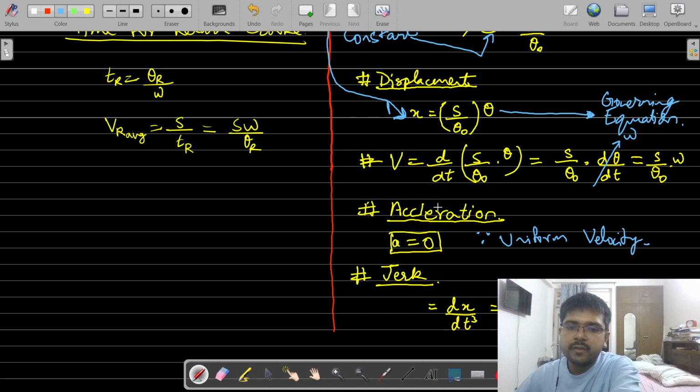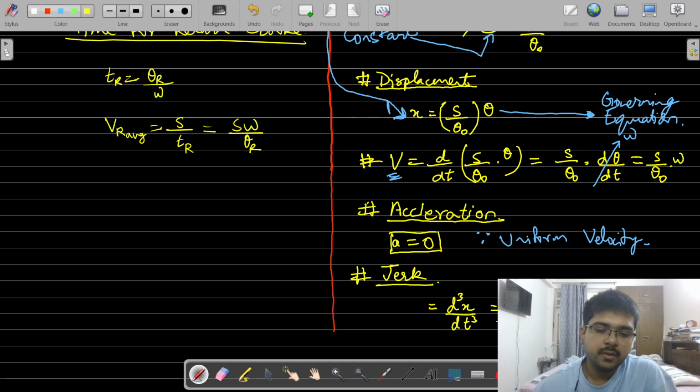If you differentiate v with respect to time t, all this is constant, so we get acceleration 0. And if we differentiate it again with respect to t, we get 0. So d cube x by dt cube is equal to 0.